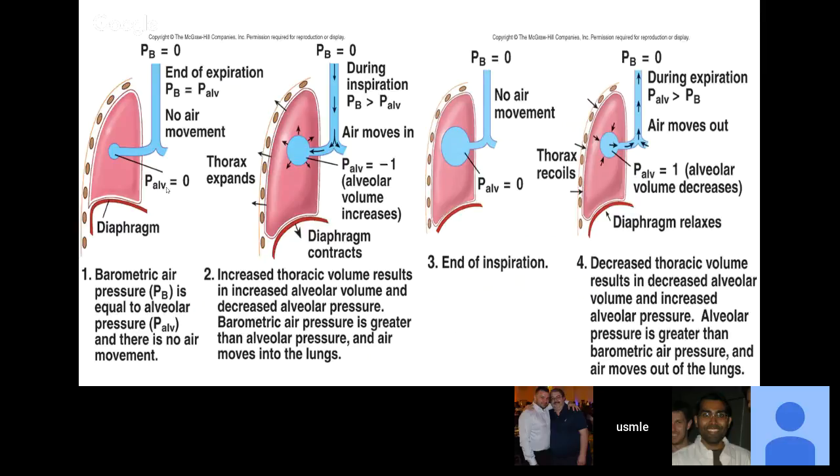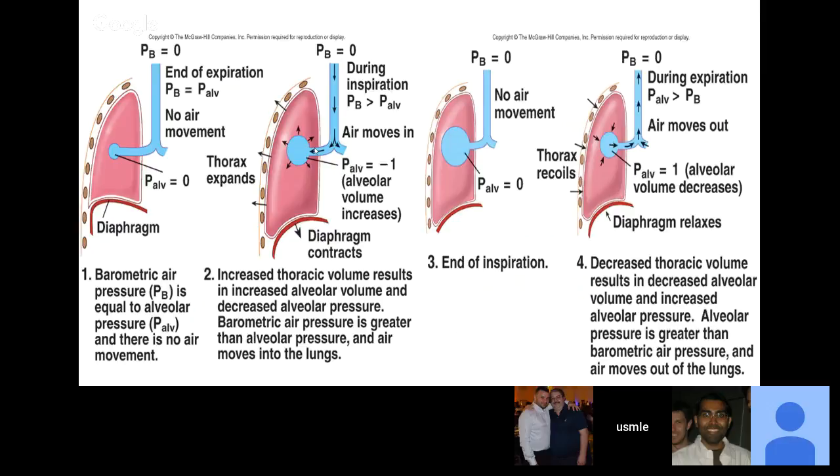So now you're going to start to take a deep breath. The diaphragm is going to start to contract. The value for the barometric air pressure is still 0, but in this situation the barometric air pressure is going to be higher than the pulmonary alveolar pressure. Why is it higher?